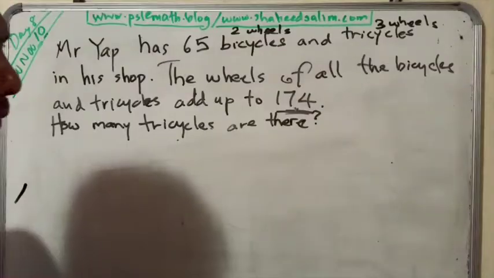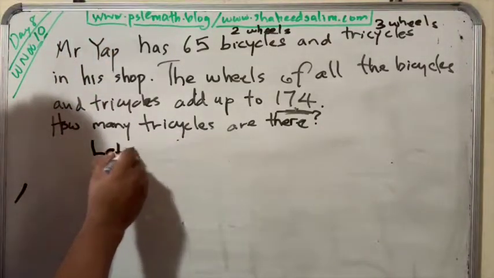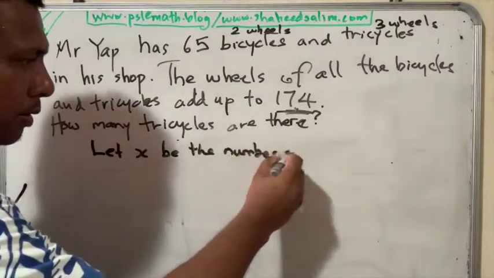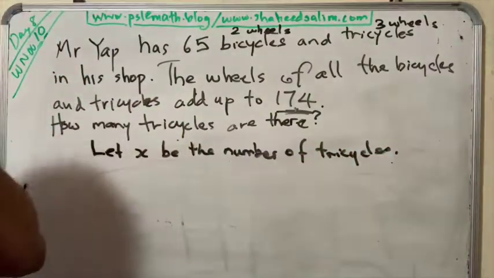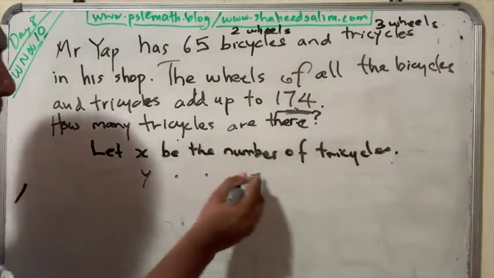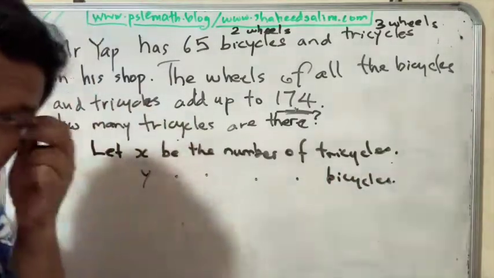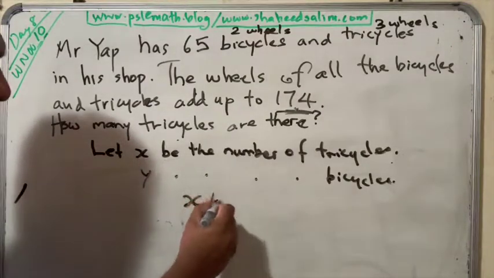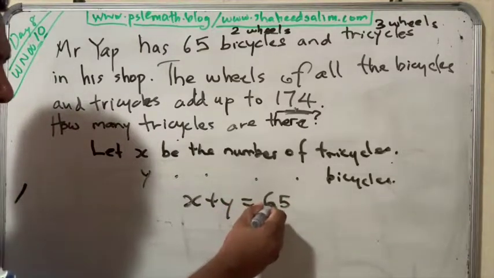Here we go. Now, we have to use the x here. Let x be the number of tricycles and y be the number of bicycles. So x plus y equals 65. Now I know you're going to lose me now.